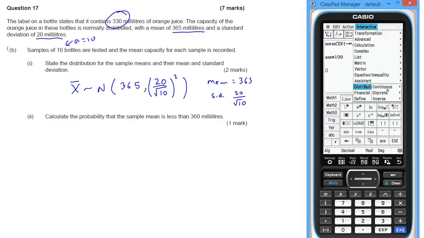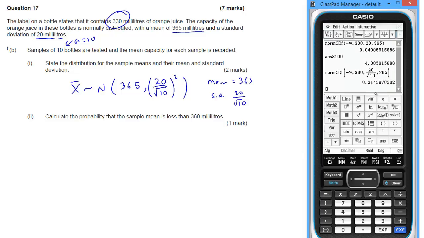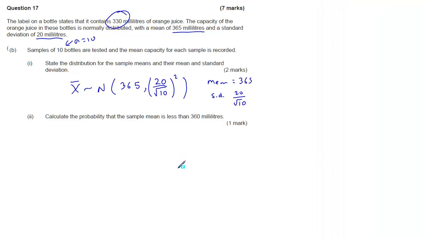So we're going for the normal CDF and less than 360, so we're going to go from negative infinity up to 360, and sigma this time is going to be 20 divided by the square root of 10, and the mean is 365, and that gives me 0.215.